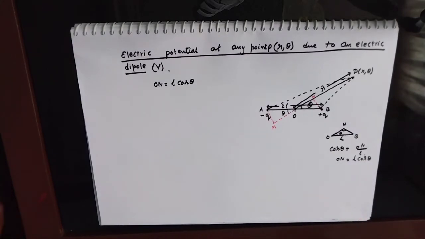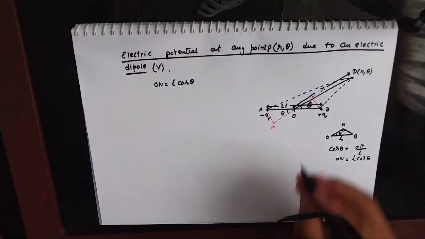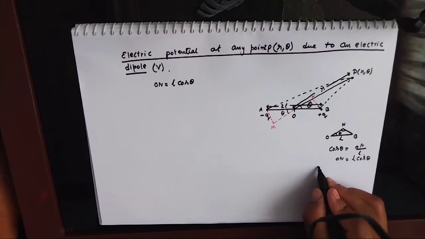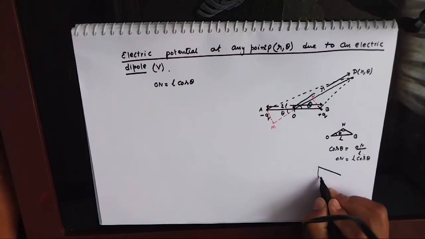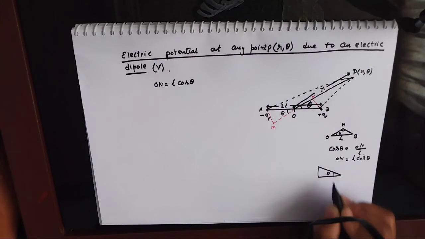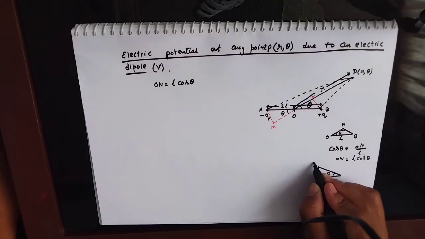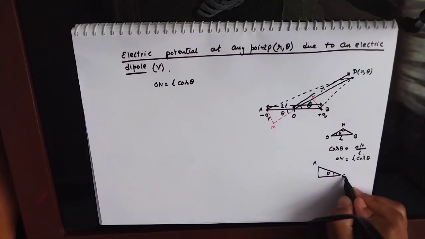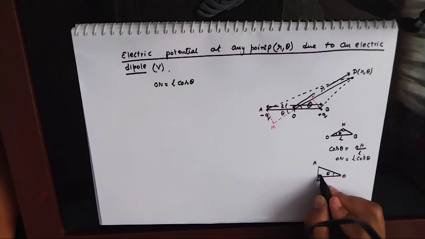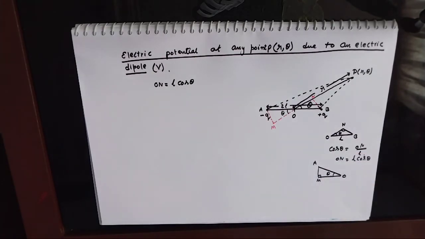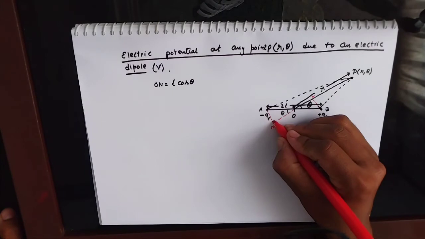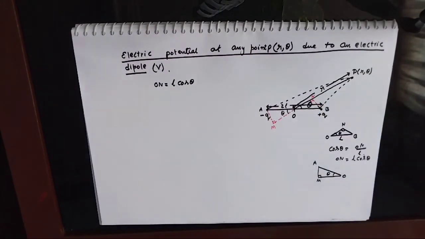Similarly, in the case of OM, this one is theta, this one is A, then O, this is M, this is 90 degree. So this is 90, this is 90.